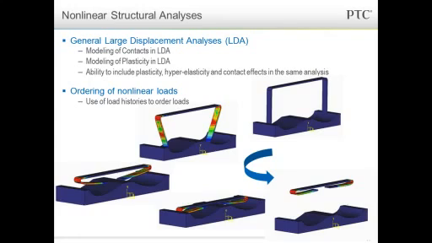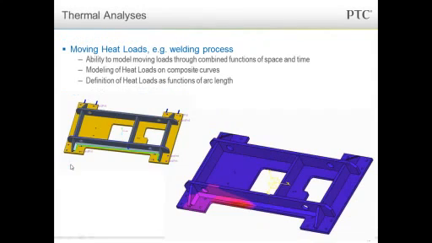Now, if we do a lot of welding, we have an enhancement over there where we get to kind of animate the welding process. What's new in here, or how this works, is that you can actually apply a heat load on a composite curve. Okay, so you can apply a heat load on a curve, and heat loads can change as a function of arc length.